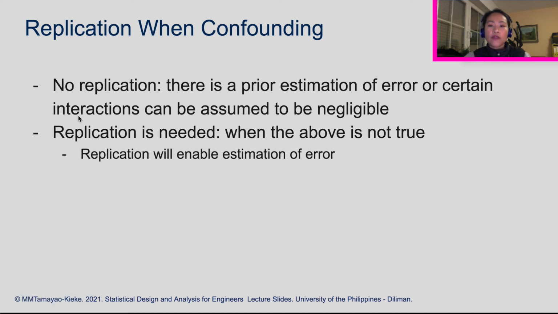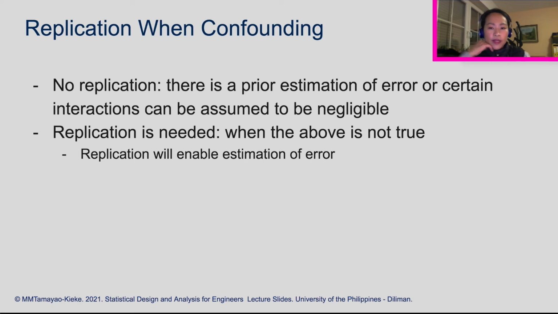So, say for example that you have to replicate in a design where you also have to confound, because the resources are not enough to run a complete replicate.